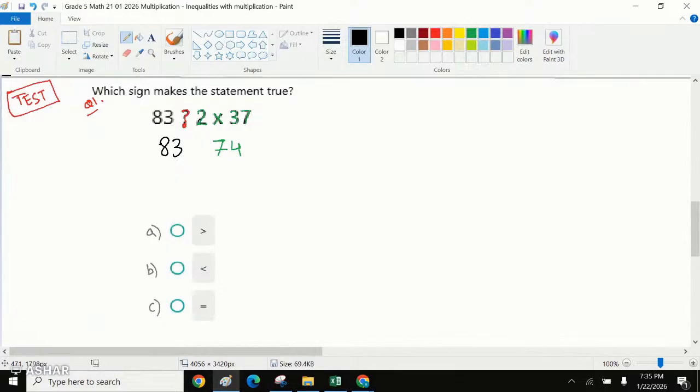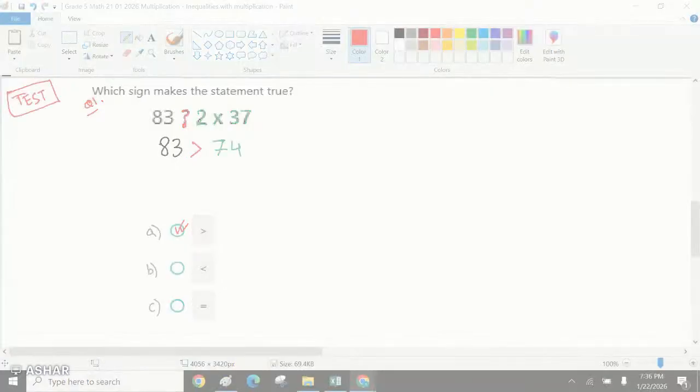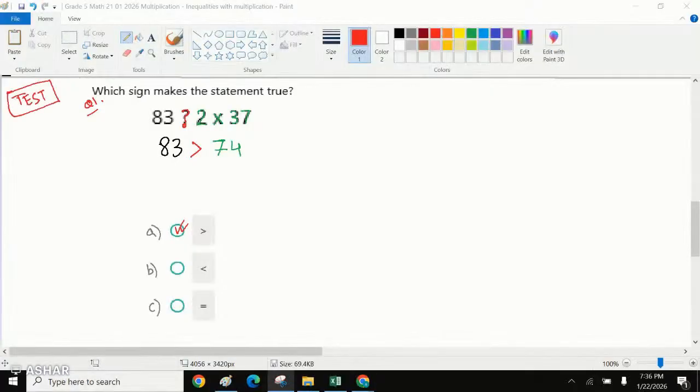So we know that since 83 is greater than 74, the option A would be the correct answer. Okay? Option A was the correct answer. For the next question, let's see which sign makes this statement true.